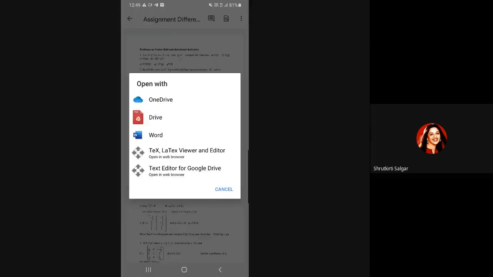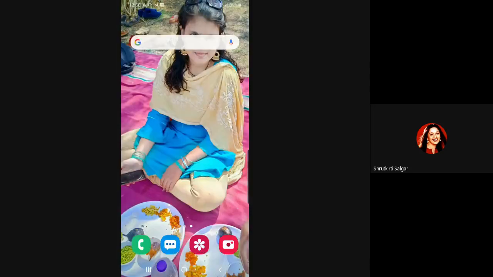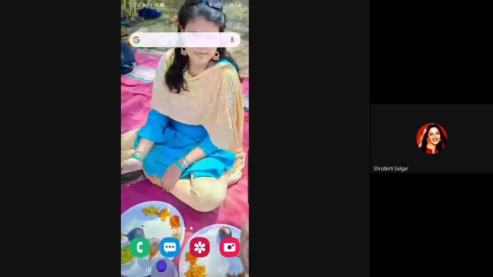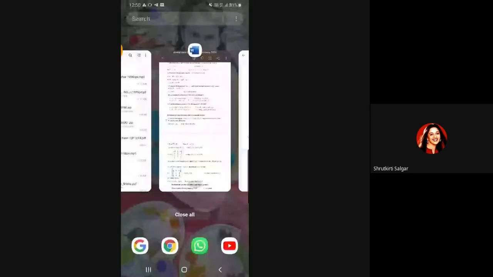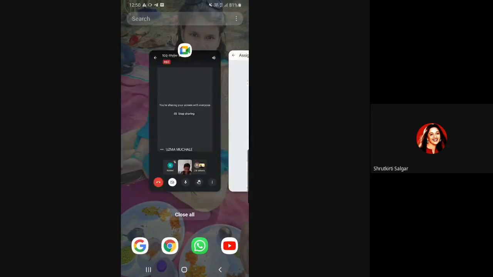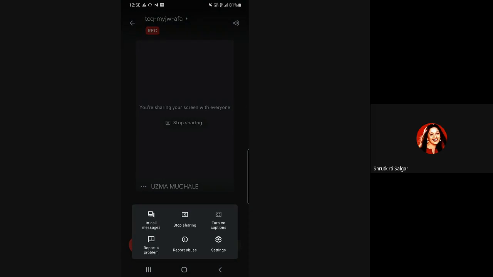If you click on open with, it may open in Word file or maybe whatever the options you have. Do it and tell me fast.